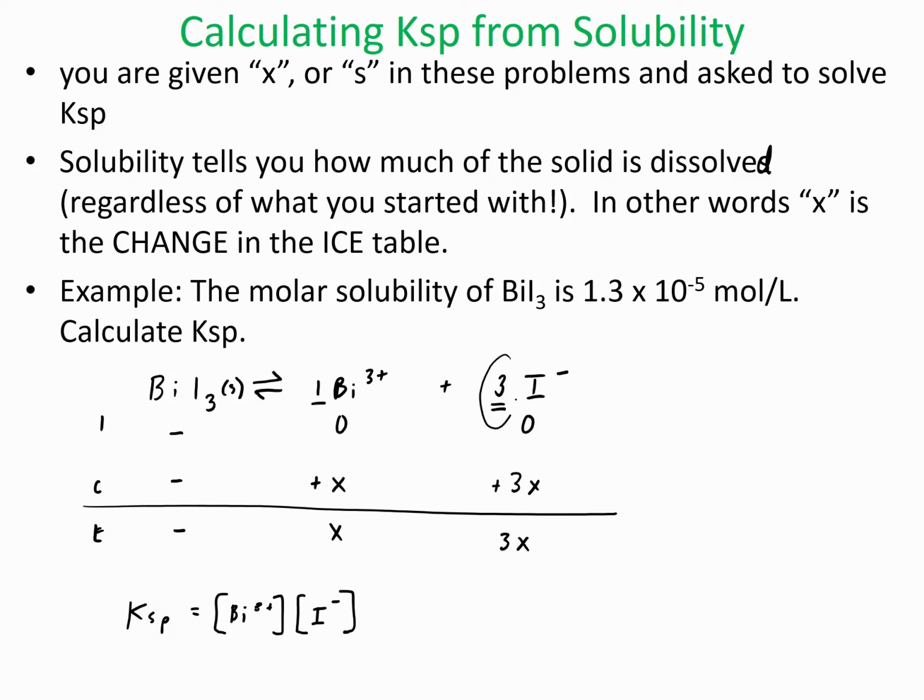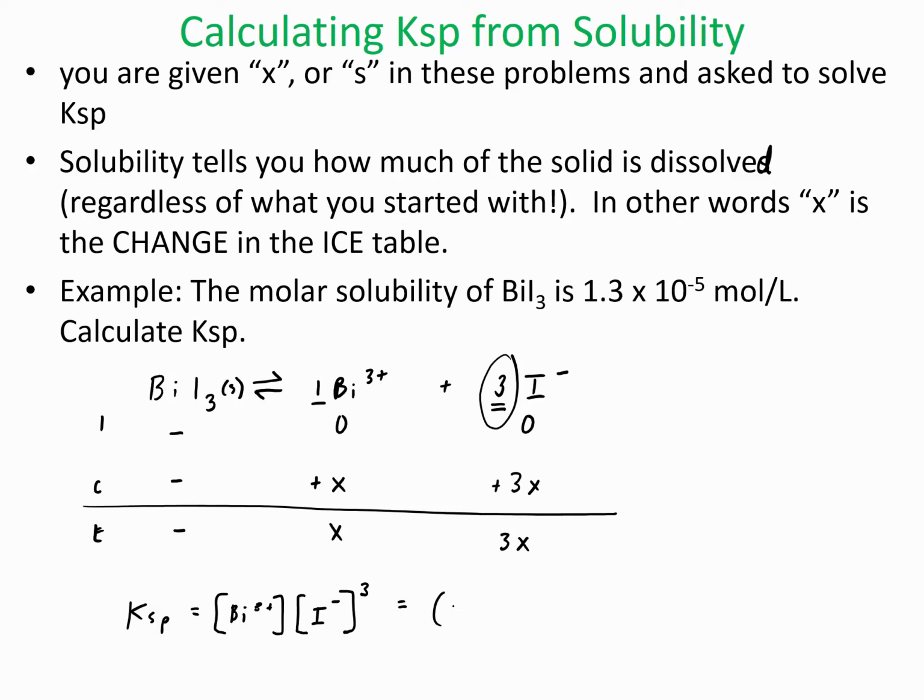It's because of this 3 right here that goes right there. This number goes in right here, so it's actually going to be 3x cubed. Students forget the 3 here, they forget to cube it, and they won't cube the 3 and the x, they'll just cube the x. But the 3x actually goes in right here for the concentration of I. I just wanted to make that clear.